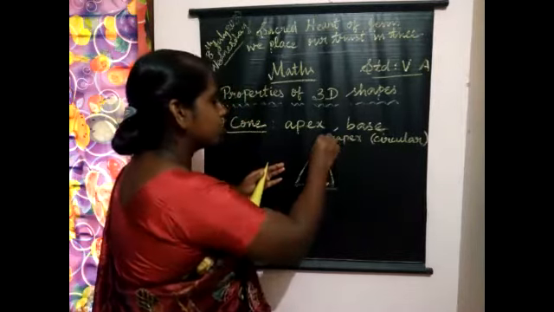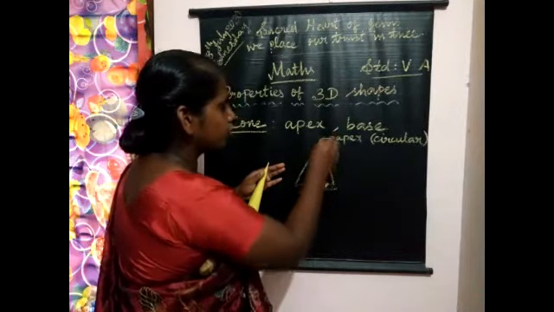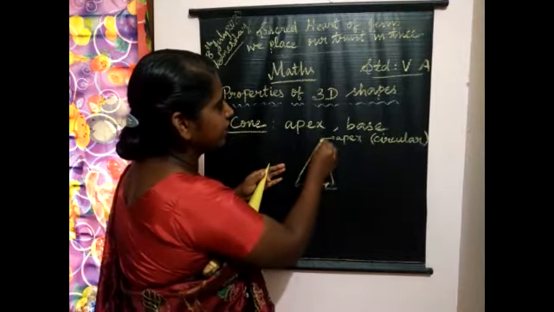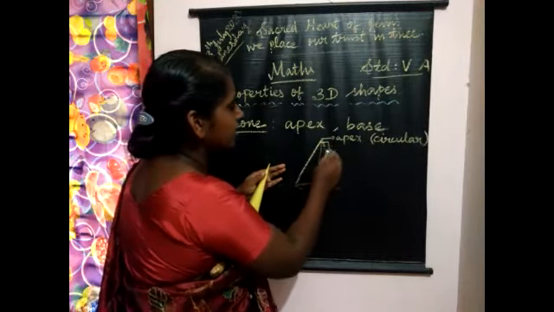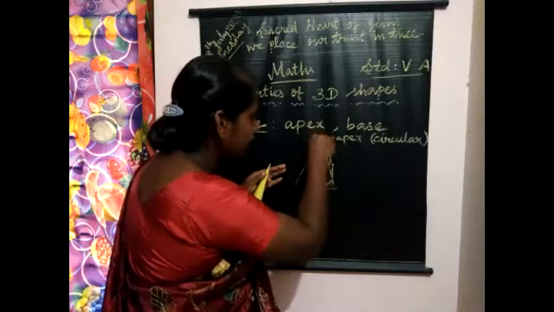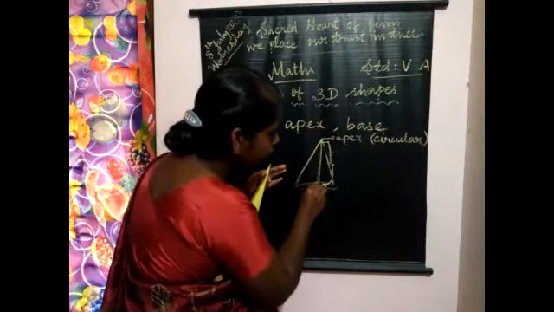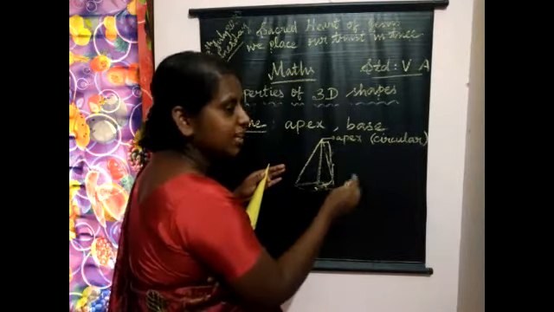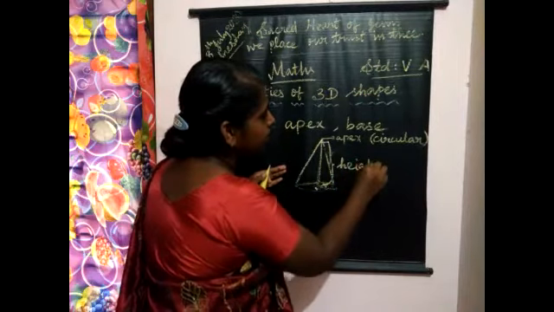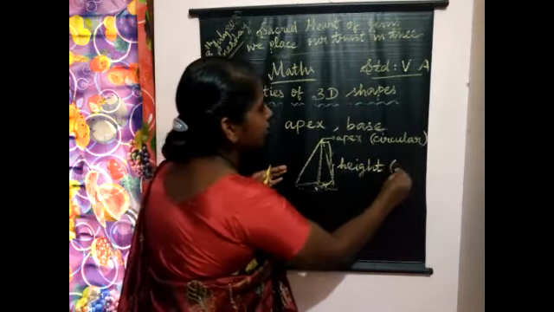From the apex, you keep the central point now. From inside, if you draw a line and find the length, that is from the apex to the central point of this base, we will get the height of this cone, the height h.